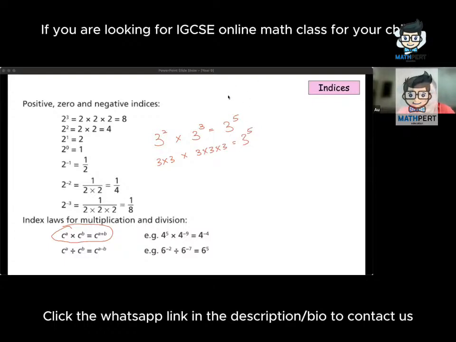You can only apply this rule when you have the same base. That's why just now I mentioned 2 cube, this one we call it the base. You can only apply this when you have the same base. Let's say if it is 3 square times 2 to the power of 4, you can't just write 2 plus 4, 6.